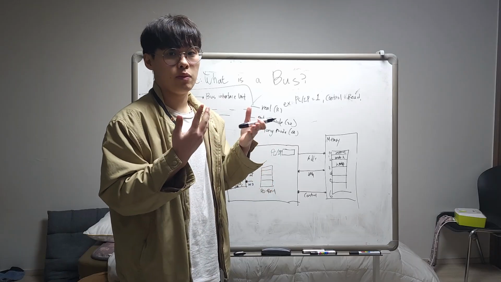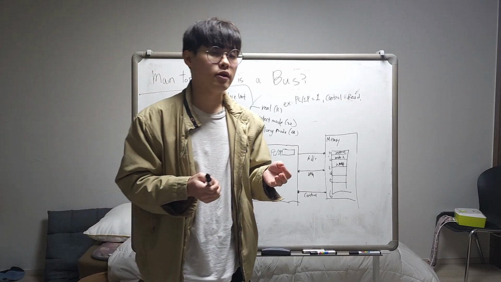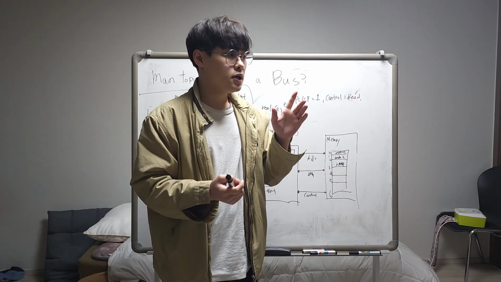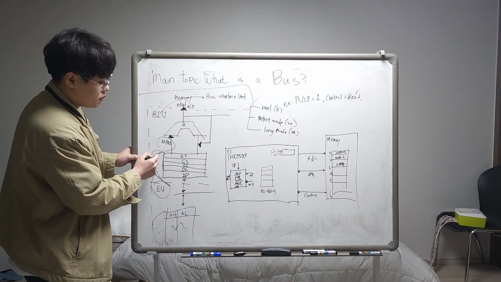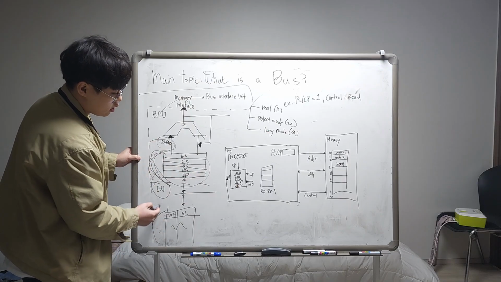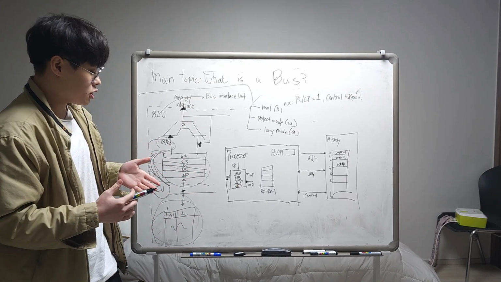Registers can be divided into two kinds: general purpose and special purpose. These are special purpose registers, and these are general purpose registers.